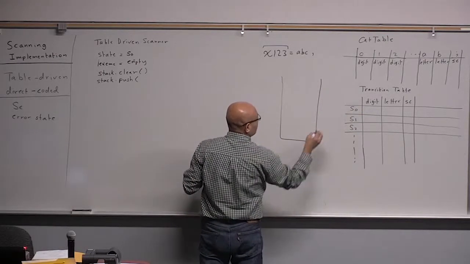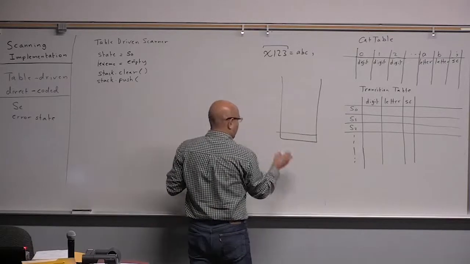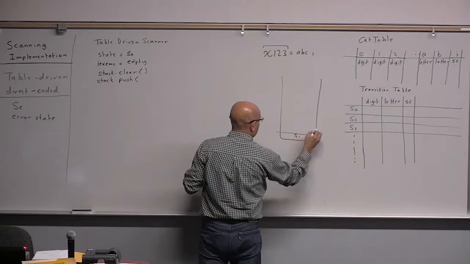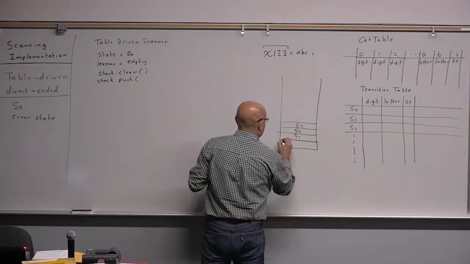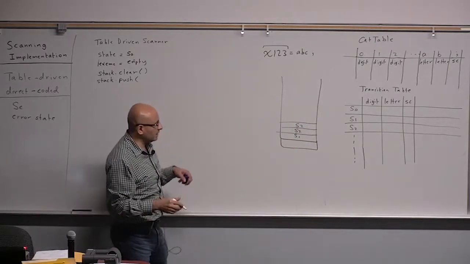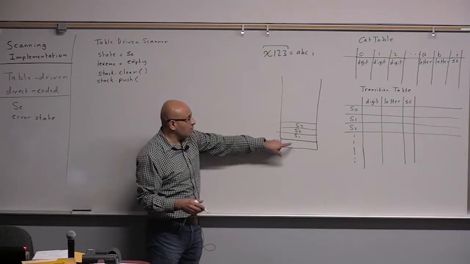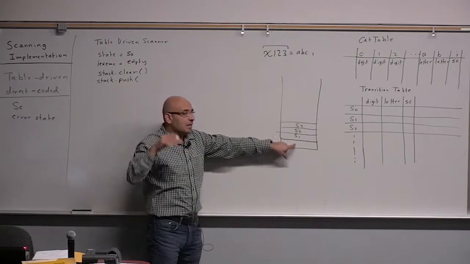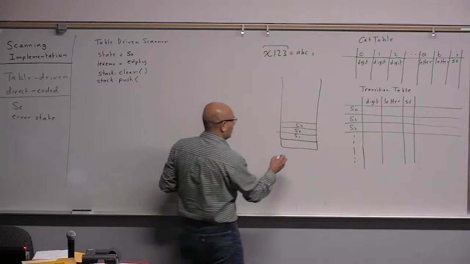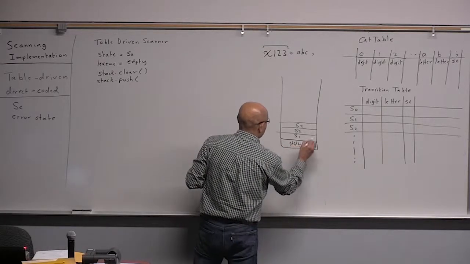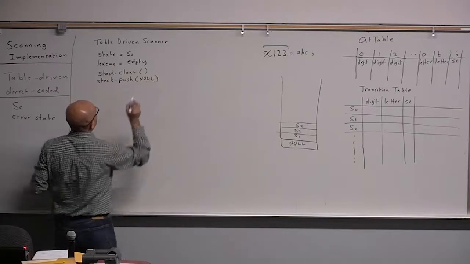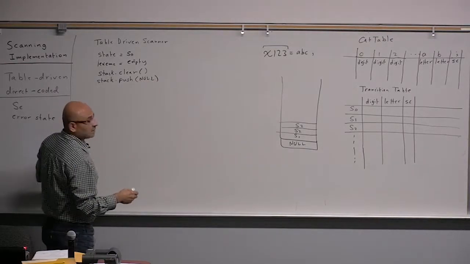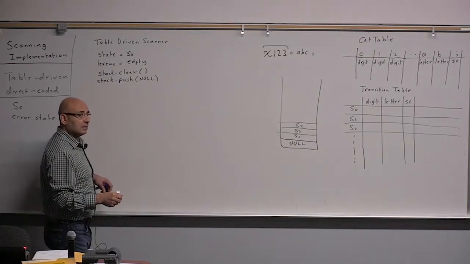In that example, before we put S1, S2, S2, we can put some artificial state that indicates that when we get to this, we have reached nothing. You can call it a null state. So we push a null state on the stack.